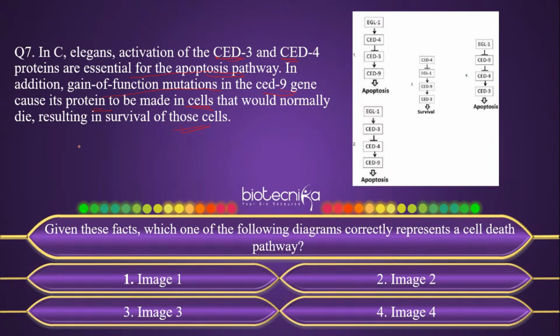Given these facts, which one of the following diagrams correctly represents a cell death pathway? So you have 4 different images, and among these, which one is the correct answer for a cell death pathway? Can you say?